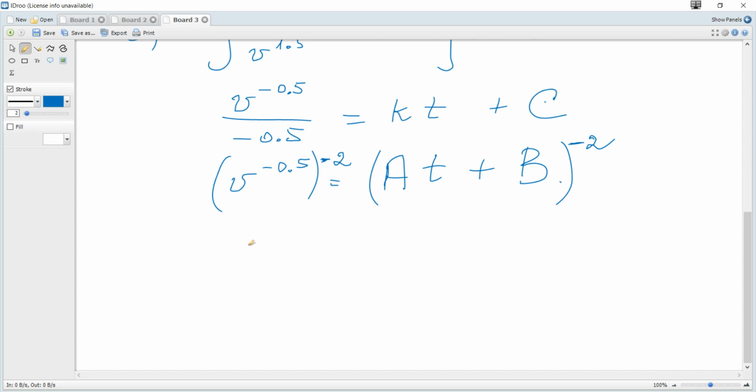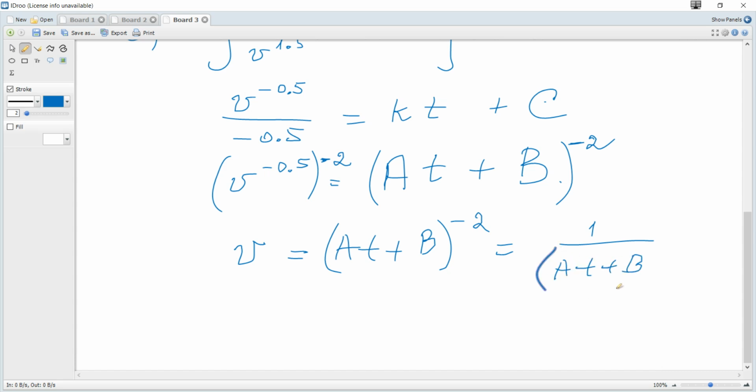Hence, it becomes v to the power of 1 plus 1, just v, is equal to something to negative 1, so it is squared in the denominator. So let's rewrite it as at plus b to negative 1, or 1 over at plus b squared.